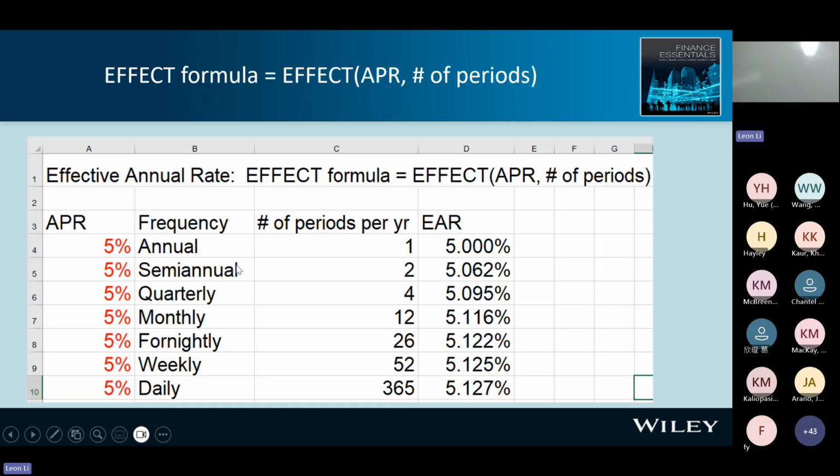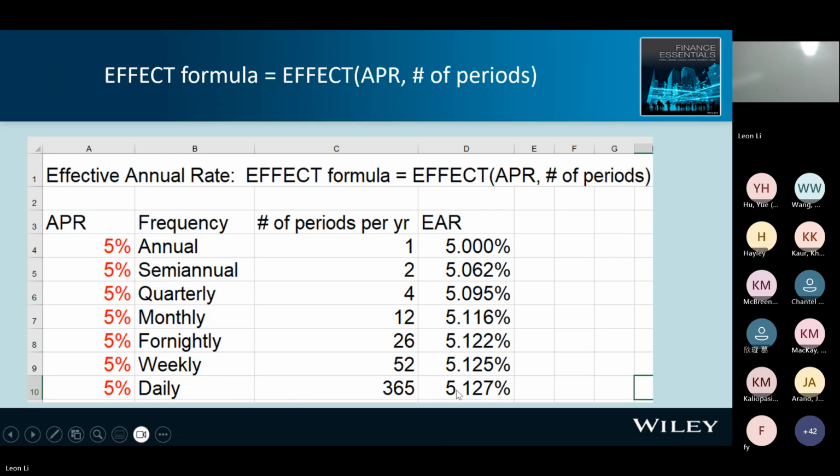Then frequency, we have different frequencies from annual to daily, the number of periods per year. Then we use the EFFECT formula in Excel, and you can see the EAR. So daily, it's very clear if the APR is 5%, a constant.